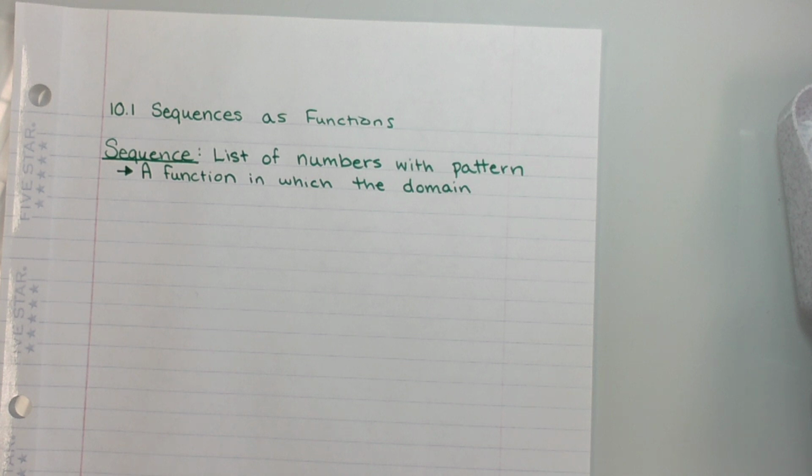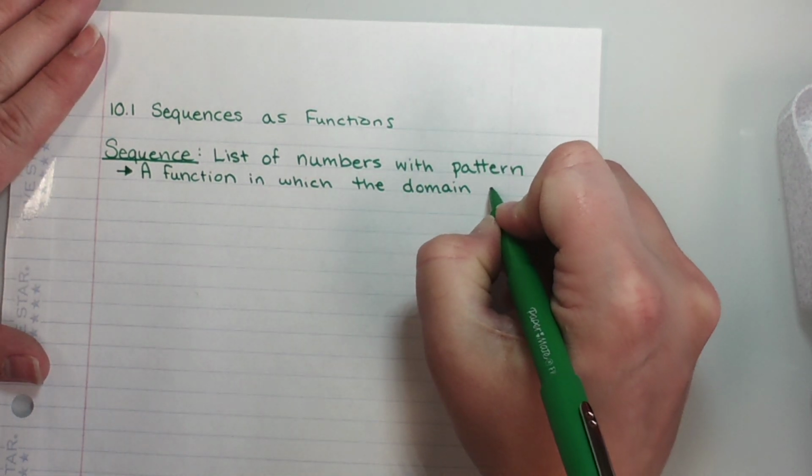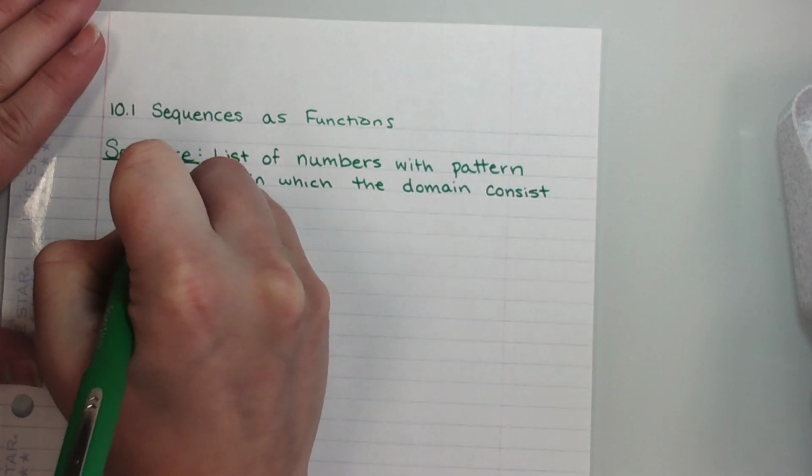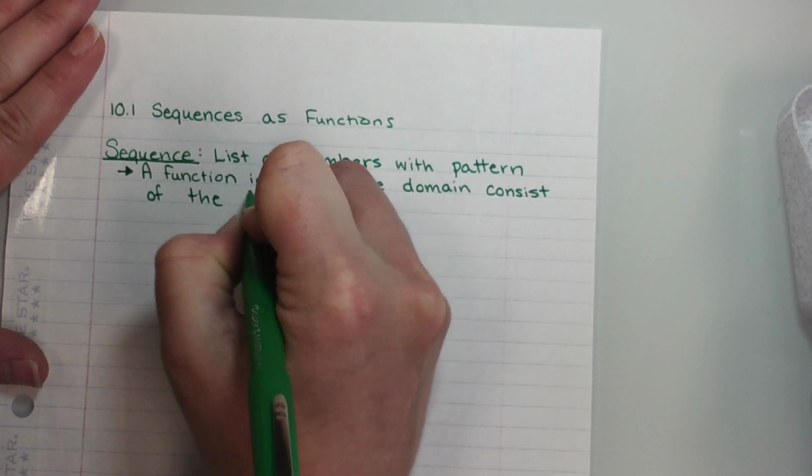It's typically related to the x-axis, but it's not always x's. In fact, with sequences, it's not x's. Domain really deals with the input values. Guys, inputs are typically x's, but they're not always x's. But in this case, the domain of a sequence will consist of the natural numbers.